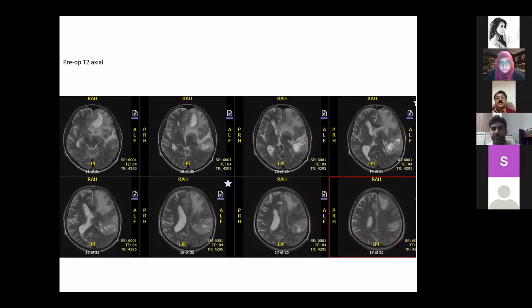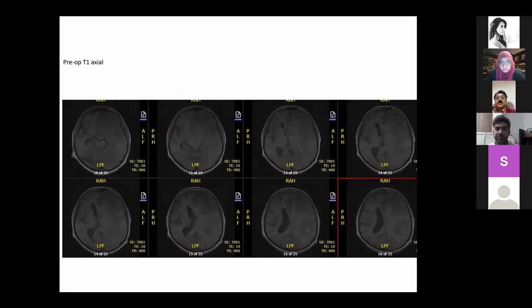Yes, these are T2 weighted axial images, and here I can appreciate that there are at least two focal abnormal signal intensity areas which are heterogeneously hyperintense on T2, and both of these areas are showing significant vasogenic edema. One of them is the left frontal, and the second is in the left parieto-temporal region.